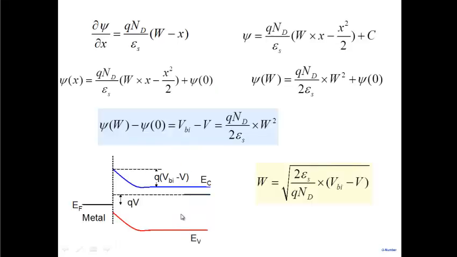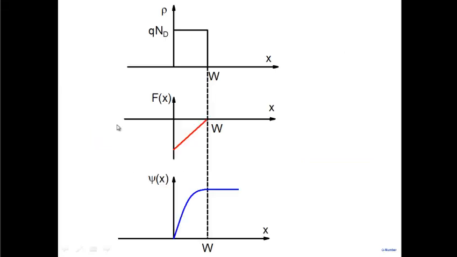Now note that what we get from here is the voltage drop, and arbitrarily, as I've said earlier, it doesn't really matter what the absolute values of voltages are. What really matters is the voltage drops. So here, for example, psi 0, I've just assumed it to be 0, and then psi at W is that value that we've just calculated.